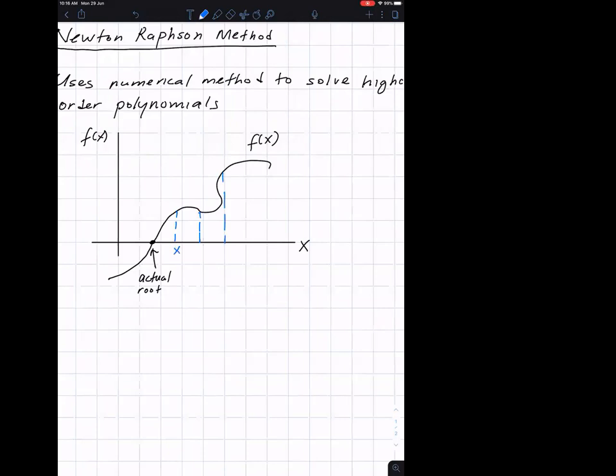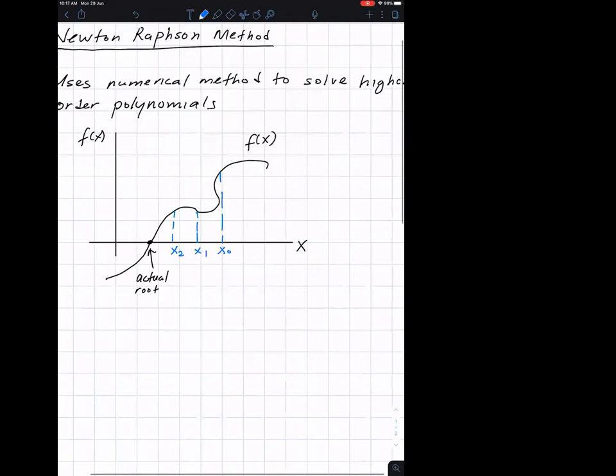So you have points x2, x1, and x0. Let's say this is the approximation. Once you bring this approximation closer to the actual root, the approximation becomes closer, right?